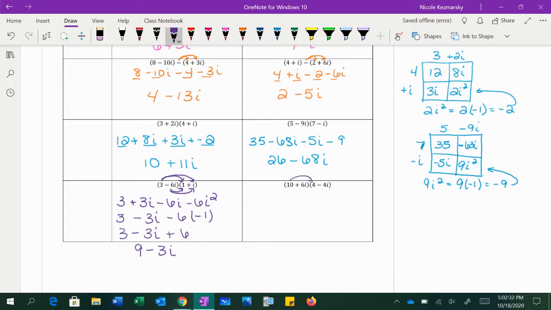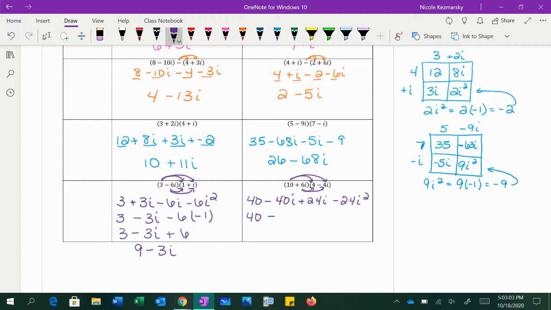I'm going to double distribute, so I'm going to distribute the 10 and get 40 minus 40i, and then I'm going to distribute the 6i and get 24i minus 6 times 4 is also 24i squared. And I'm going to simplify, so I'm going to say 40.